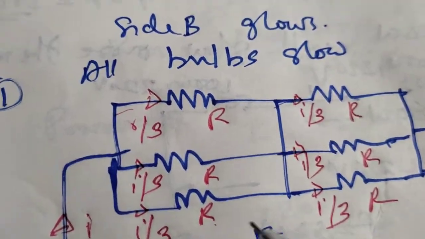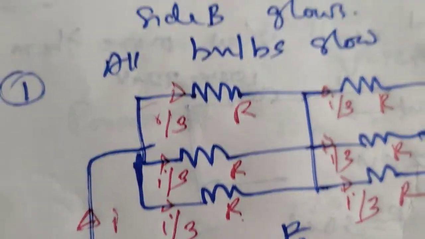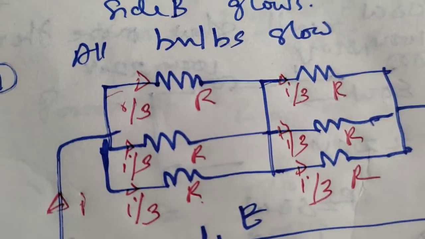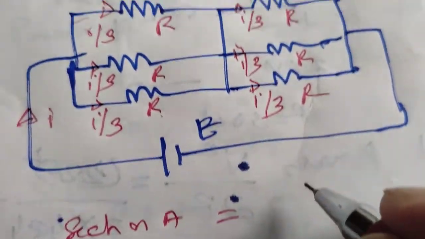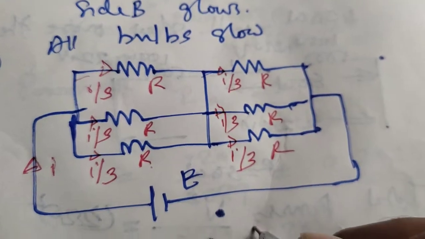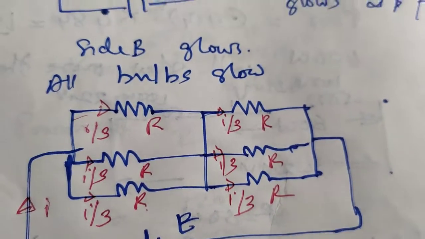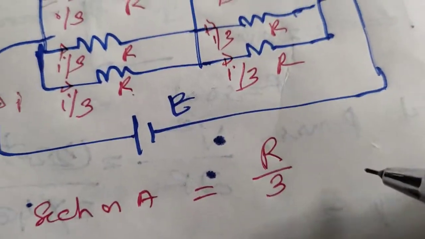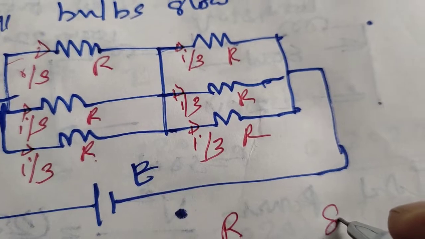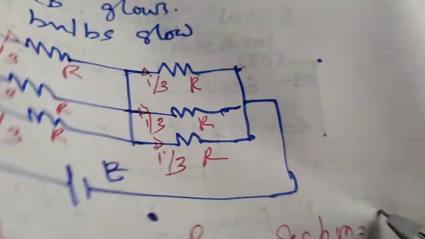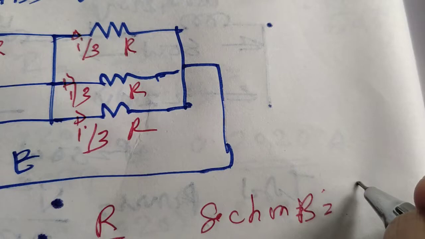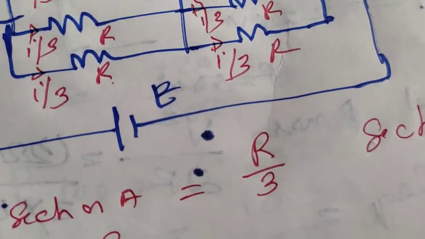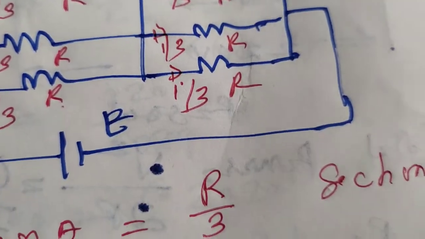With these resistances in parallel, you get the equivalent of section A: the equivalent resistance is R by 3. Section B also, since all bulbs are glowing, current is passing, so its equivalent resistance is also R by 3. That is, total R equivalent is equal to 2R by 3.